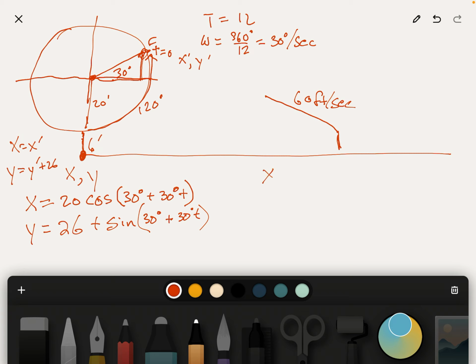So the x is going to be, the distance here was 75 feet, so 75 plus 60 feet per second times cosine of 120 degrees.